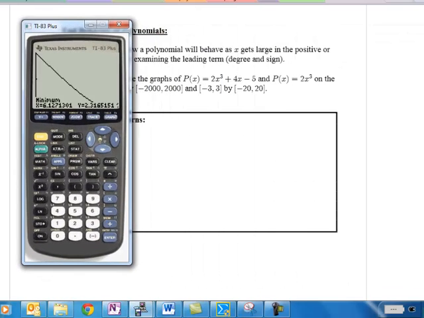So grab your calculator and enter these two graphs. So 2x cubed plus 4x minus 5 and the other one just the highest degree term, so 2x cubed.